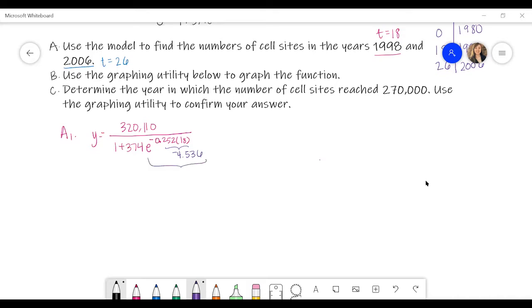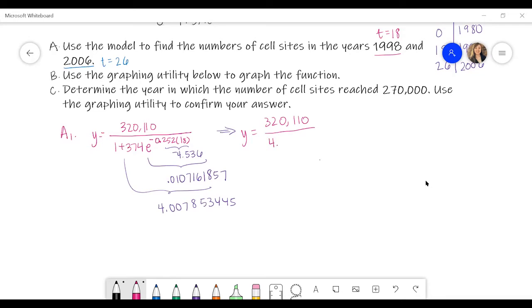And then we want e to that answer. So e to that is going to be 0.01071618 57 times 374. So from here over is going to be 4.007853445, plus 1. So we're going to end up with Y is 320,110 divided by 5.007853445.